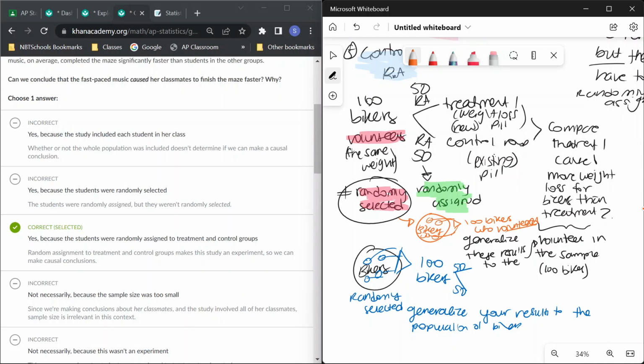Here it is 100 bikers who were randomly selected. So when you see the word volunteer, and they ask whether this result can be generalized to the entire population, say no, because the group wasn't randomly selected. You can only generalize your results to the entire population if the group was randomly selected. That means you have a group of bikers and you take a random sample of those bikers. It's not that you have a group of bikers and then whoever wants to volunteer, you choose.